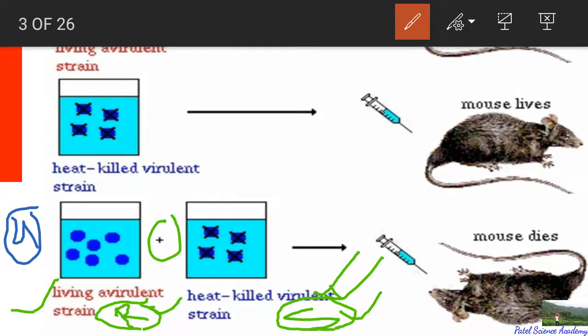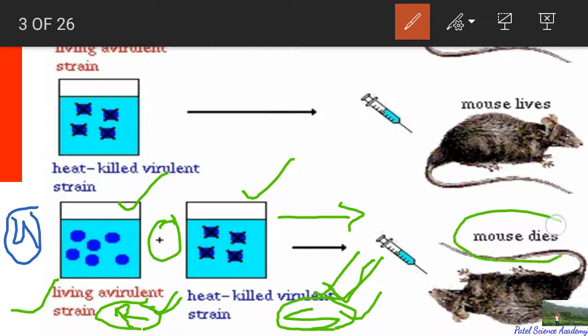So he was considering that if I am mixing the R and the heat killed S strain, both of these strains, with each other, it will not cause the death of the mice, but the result was mice died. So he was surprised why mice died, because of pneumonia.